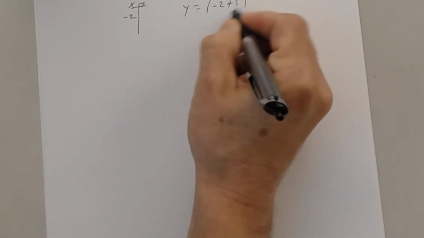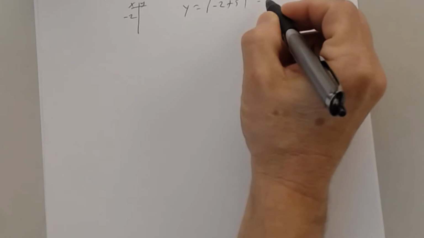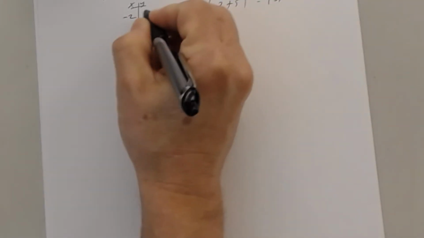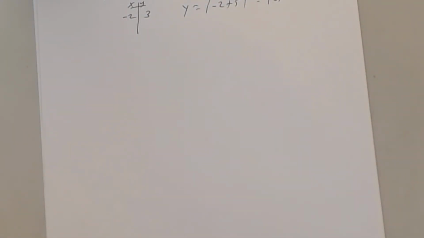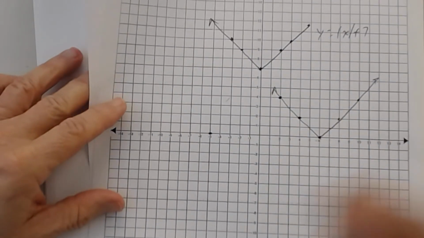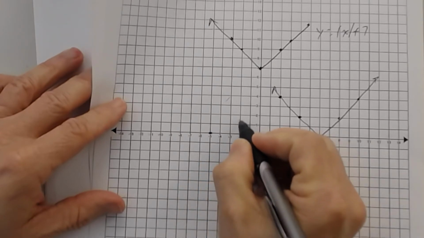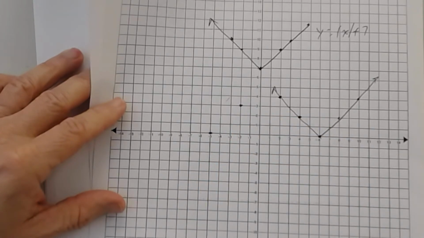What's -2 plus 5? 3. You do that first, order of operations. What's inside the grouping symbol? Now, what's the absolute value of 3? 3. So I plot the point -2, 3, right here.